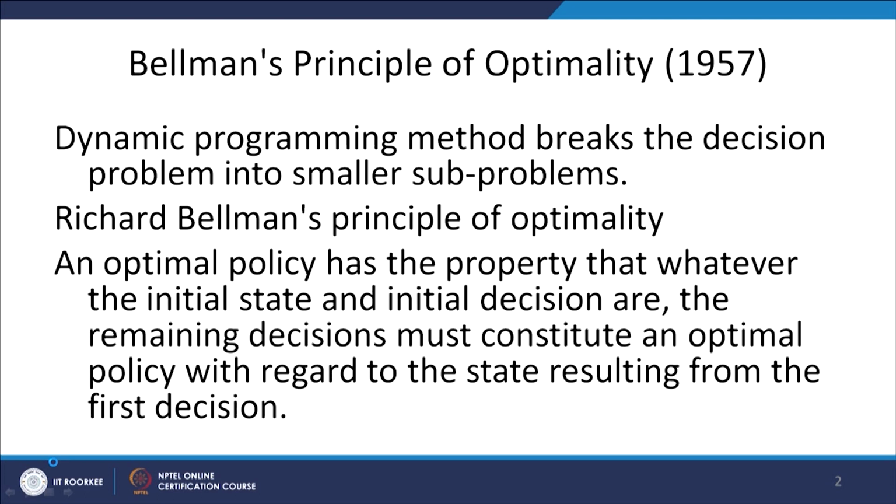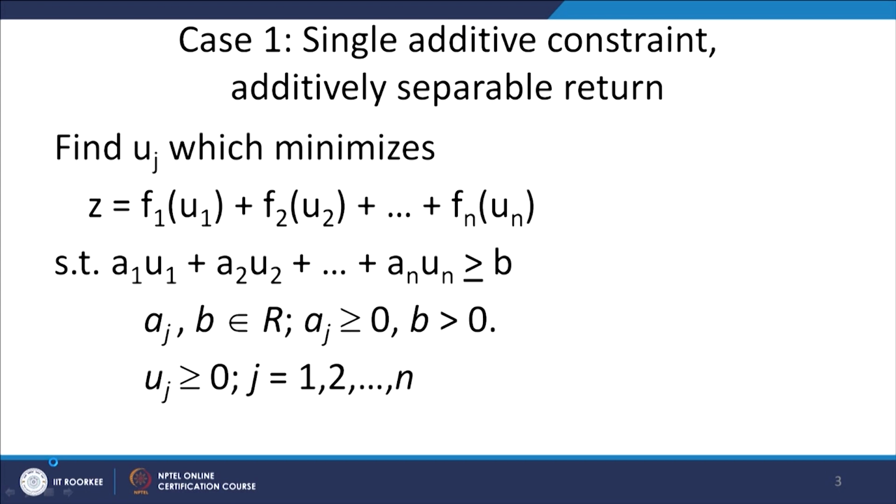Now Richard Bellman's principle of optimality is as follows: an optimal policy has the property that whatever the initial state and the initial decisions are, the remaining decisions must constitute an optimal policy with regard to the state resulting from the first decision. Now let us take some examples to understand what exactly this means.